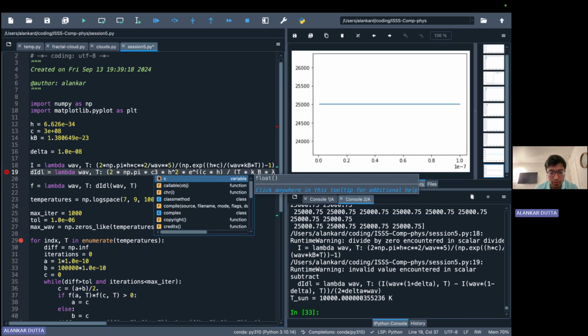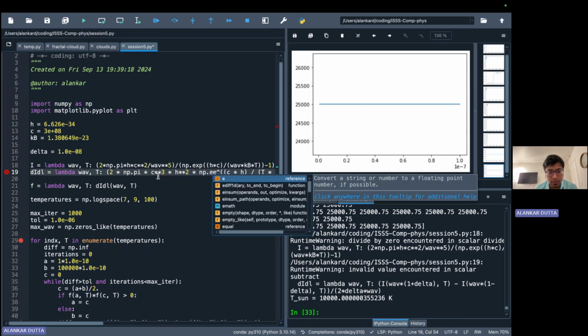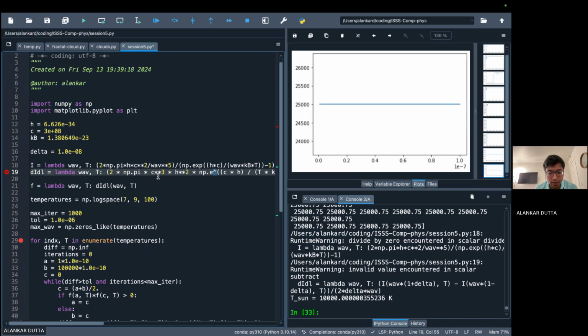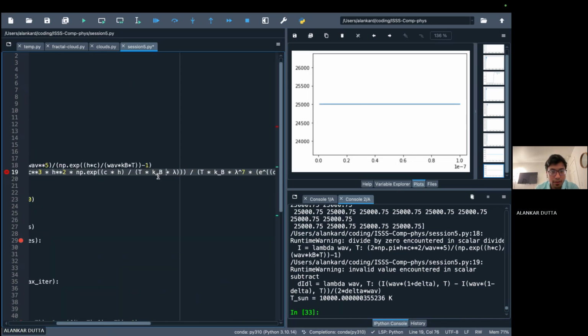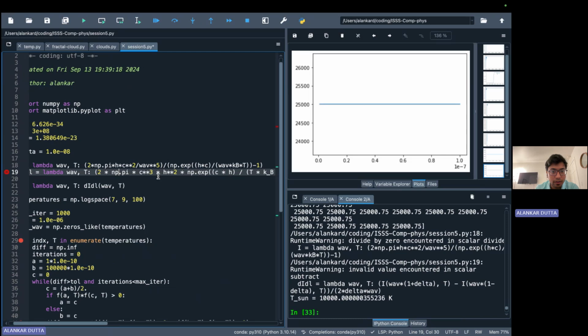This will be c cube. This is h squared. This is np.exp, right?